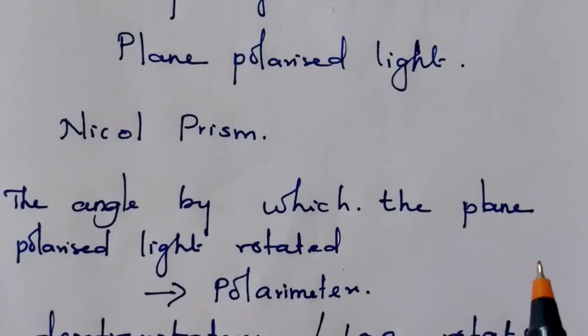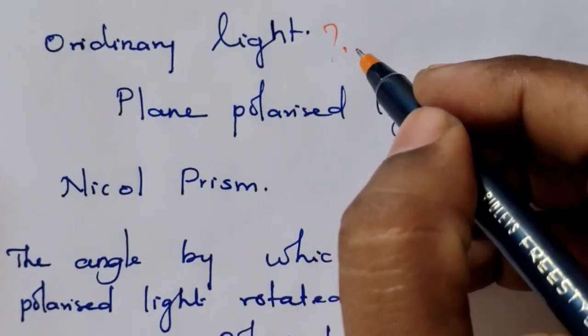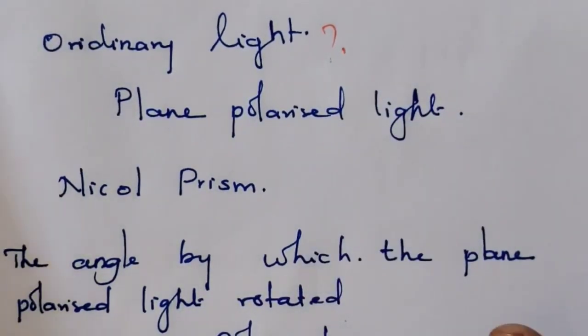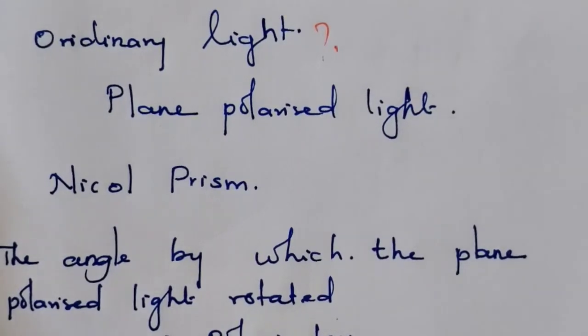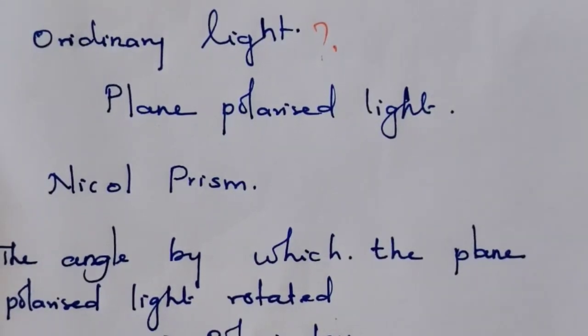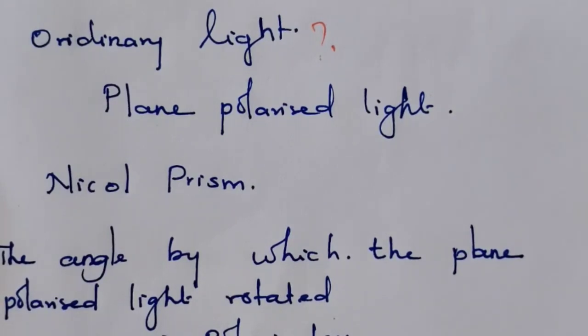Before we start the stereochemical aspects, what do you mean by ordinary light? Ordinary light means it vibrates in all the possible planes surrounding it. Suppose we take a light source, it has an infinite number of planes around it.